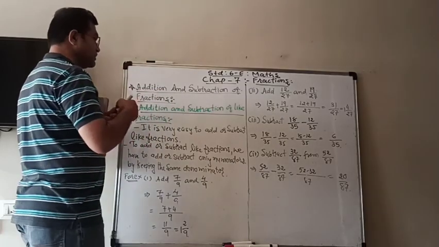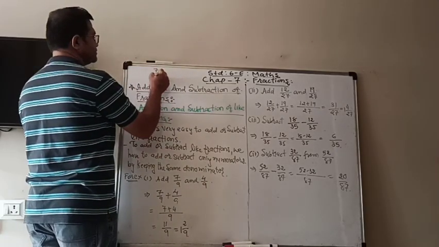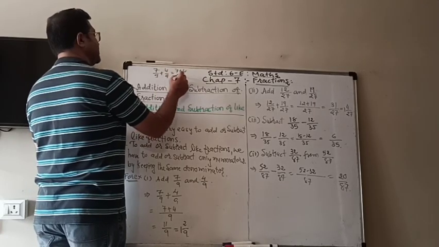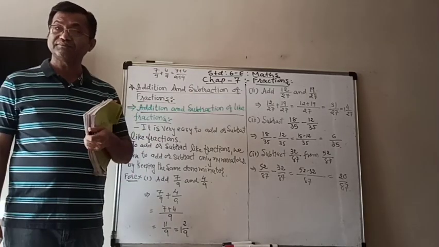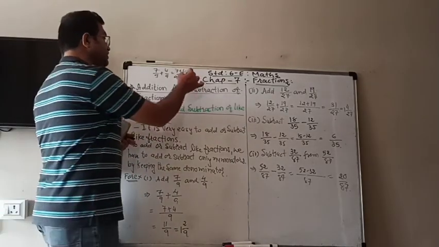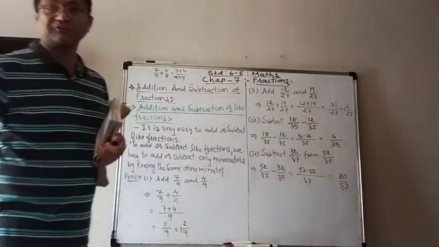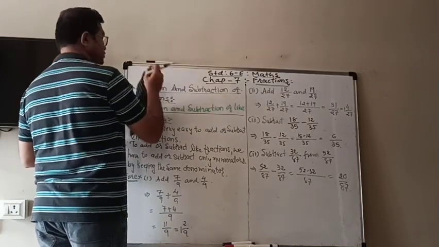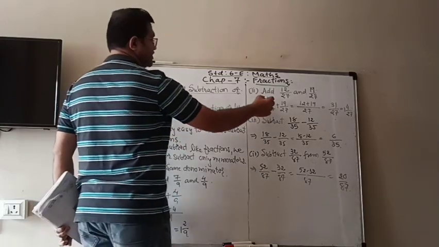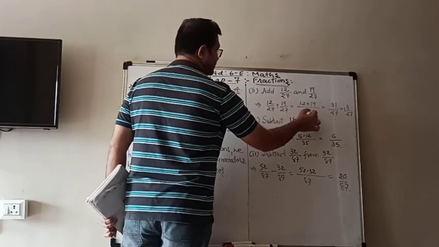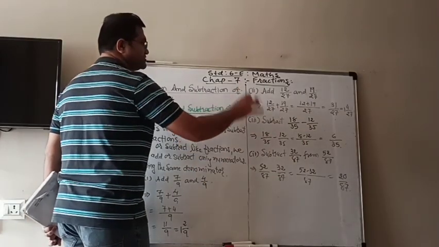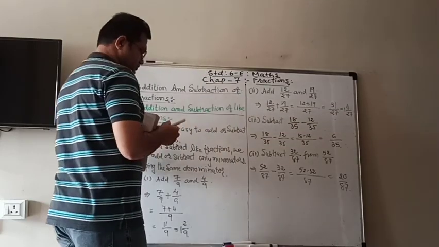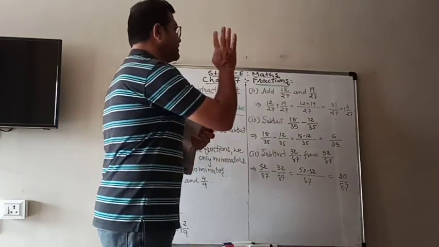If it is 7 by 9 plus 4 by 9, then they will add 7 plus 4 here, and here also they will add 9 plus 9, because adding. And then they will get the wrong answer. So be careful that you don't add the denominators. Only we have to add the numerators. So here also we add 12 plus 19, not 27 plus 27. Denominators will be the same. And then we get 31 upon 27, and that also we can convert into the mixed fraction, or you can leave it like that.